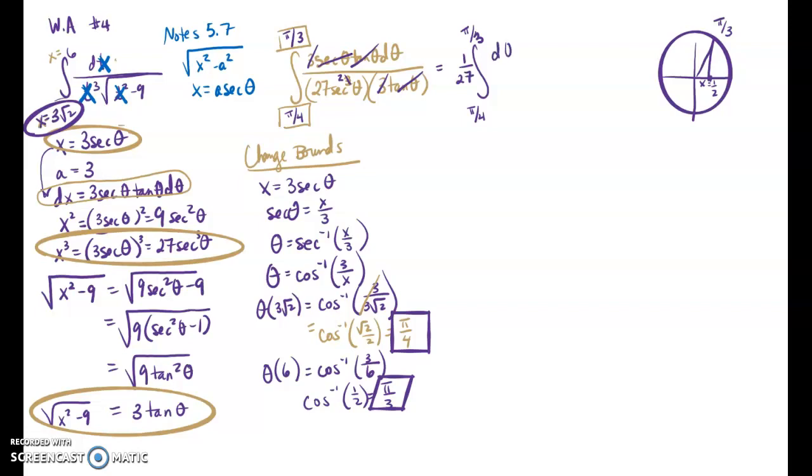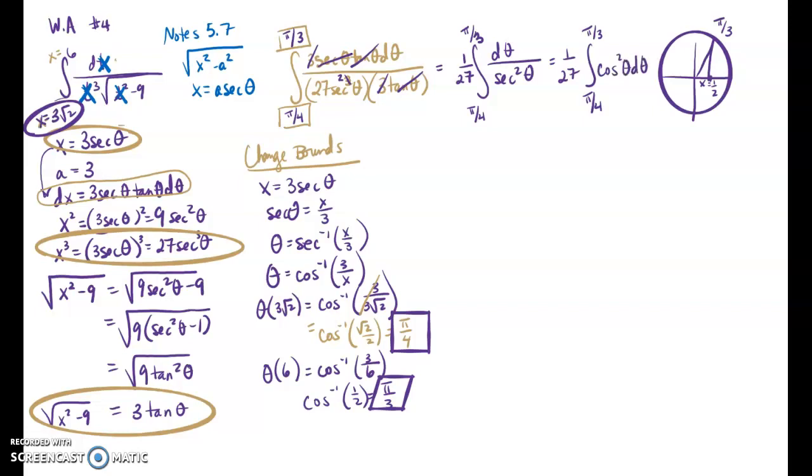So I have d theta over secant squared theta, but that is equivalent to, if I put it up in the numerator as cosine, so 1 over 27, pi over 4 to pi over 3, just cosine squared theta d theta.